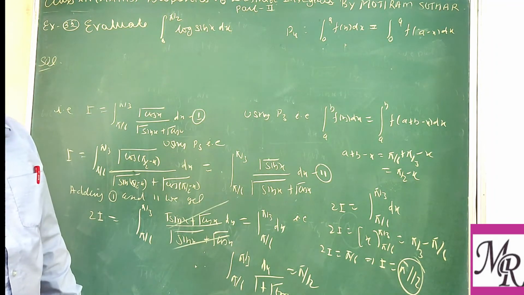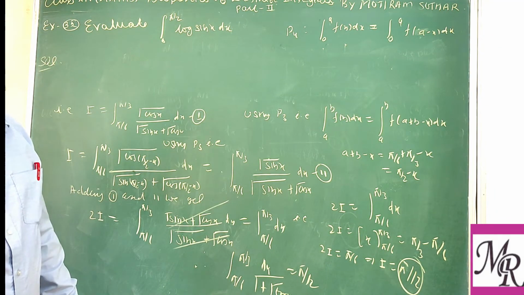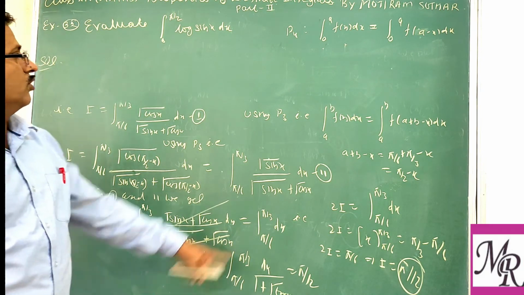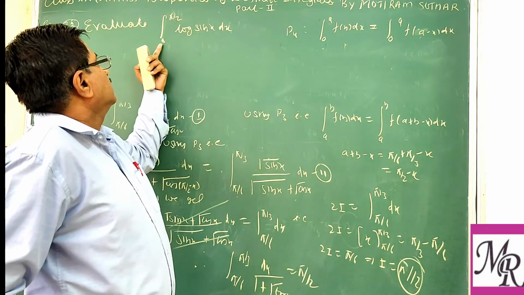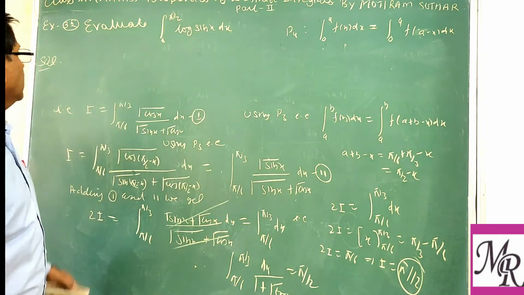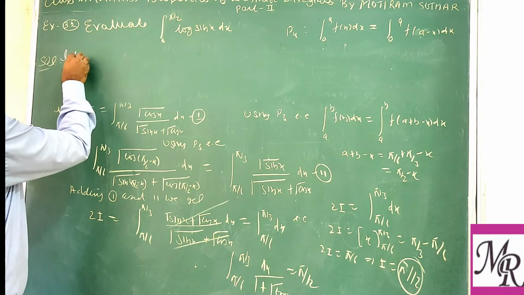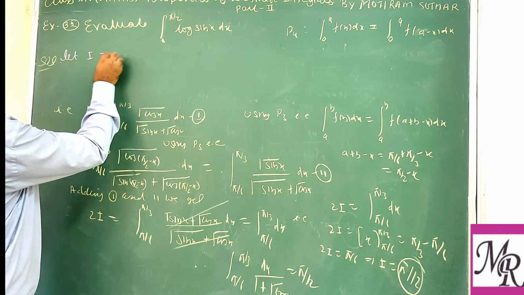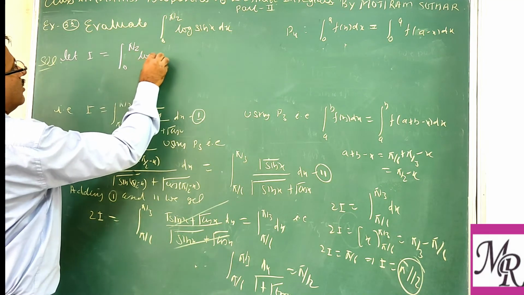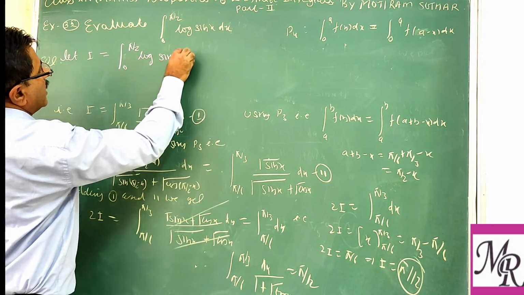Clear? So here again the property we may use is P4. Why do we use this? Because the limits are 0 to pi by 2, and sin to cos comes. So you write here, let I equal to the integral from 0 to pi by 2 of log of sin x dx.